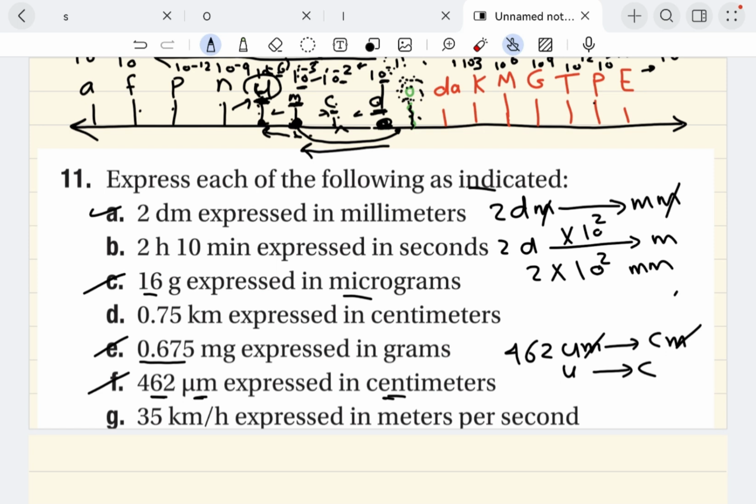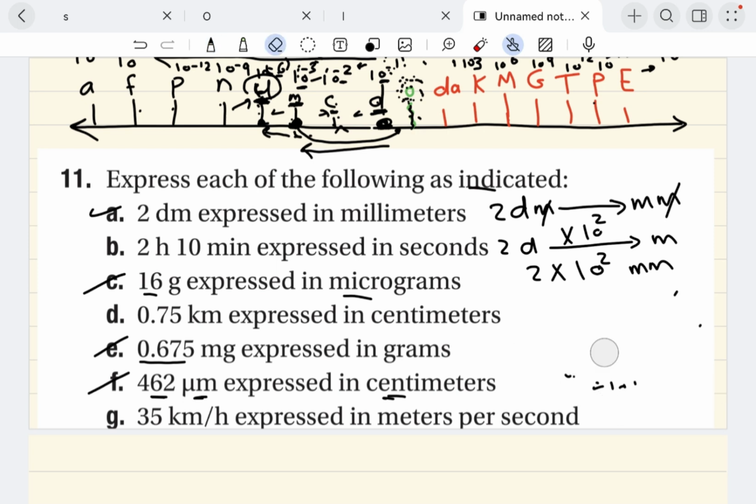From -6 to -2, how many numbers? -5, -4, -3, -2, so it's 4 numbers. And we said from small to big we have to divide, so it's divided by 10 to the power of 4. So it's 462 divided by 10 to the power of 4, and the answer will be in centimeter. Clear? I wish it's clear.